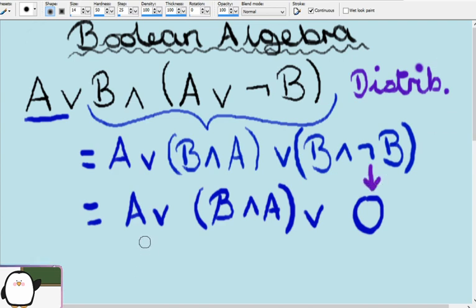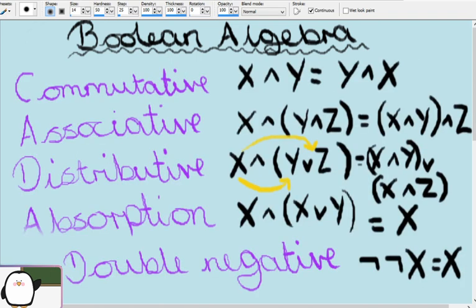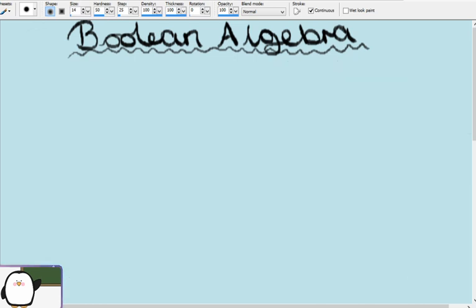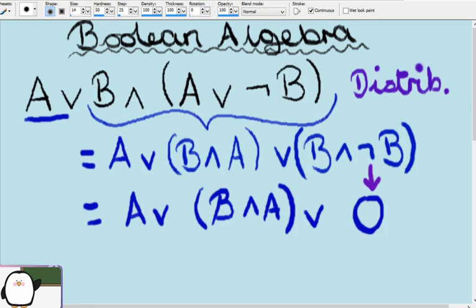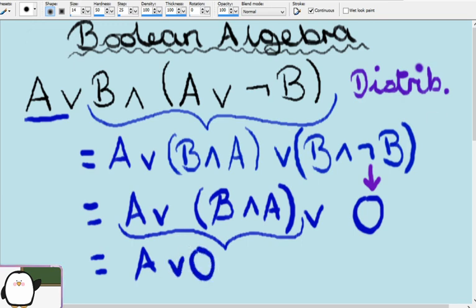And now let's have a look. We have A or (B and A). Now if we have a little look at some of our rules, we have something that seems to be very similar to A and B or A, but instead it's X and X or Y makes X, it's our absorption rule. So if we have a look at this one, we can see right here that we have an absorption rule, which is the same as A or 0 now, because the B has been absorbed.